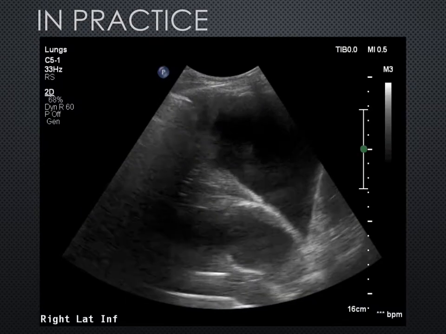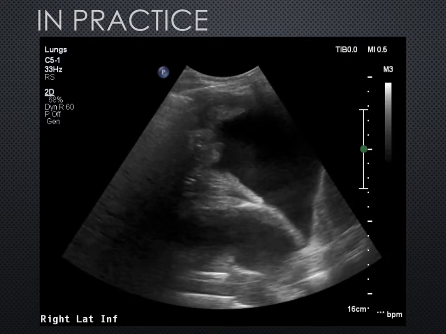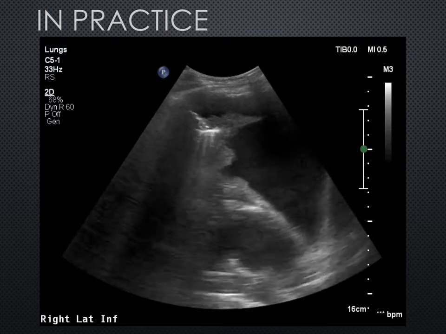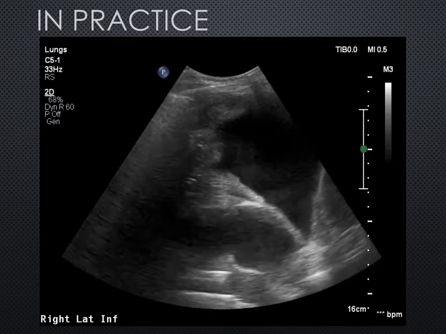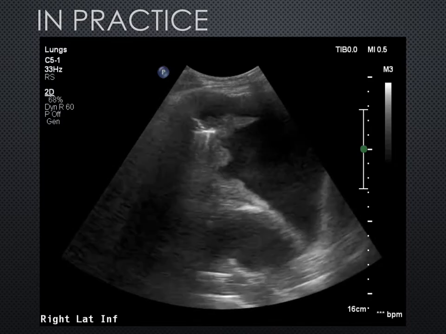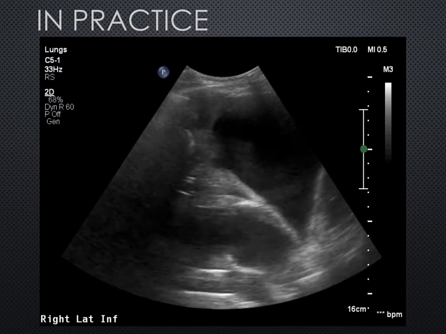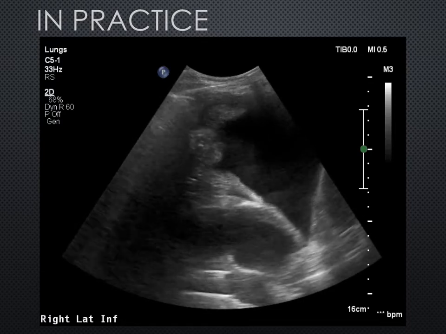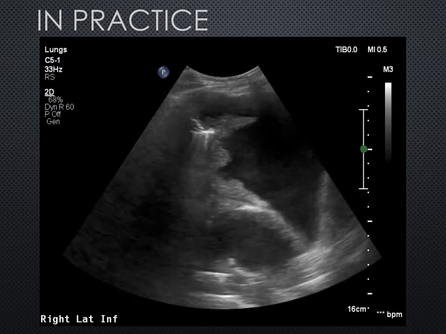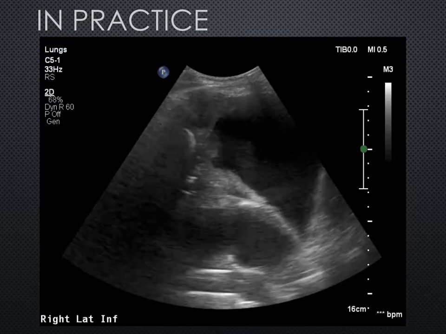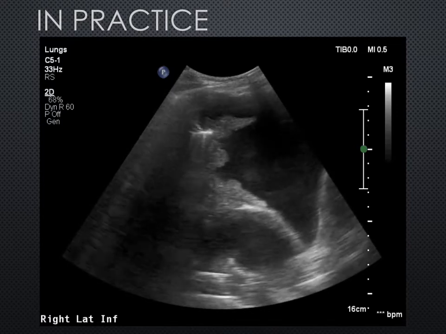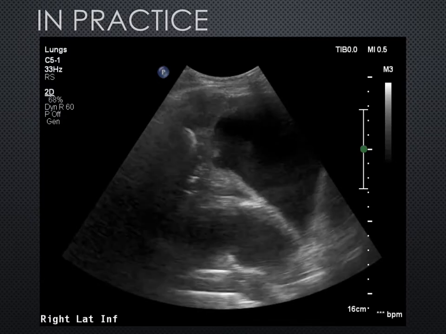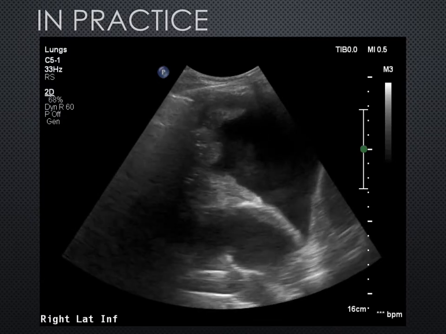Here, just to give you some nice images of some of the effusions that we might see within our critical care environment. So we've got, again, what looks like quite a simple effusion, although it looks like a sea creature within that. We do have a collapsed lung that's probably causing compression because of the fluid within that pleural cavity itself. You've got a little bit of aerated lung tissue at the top.